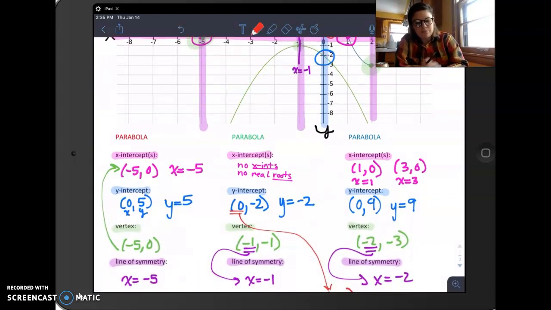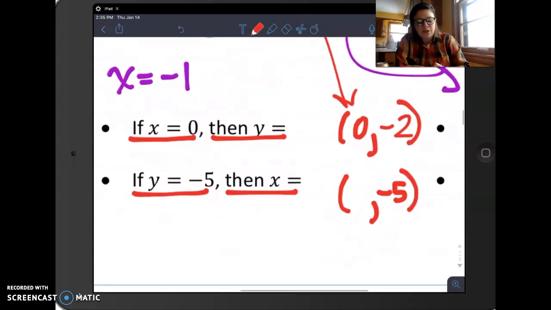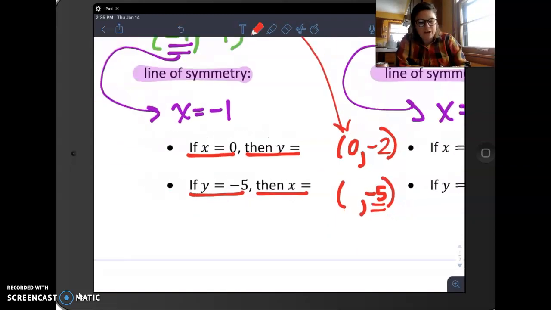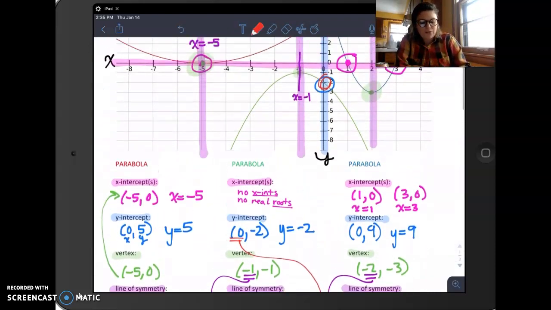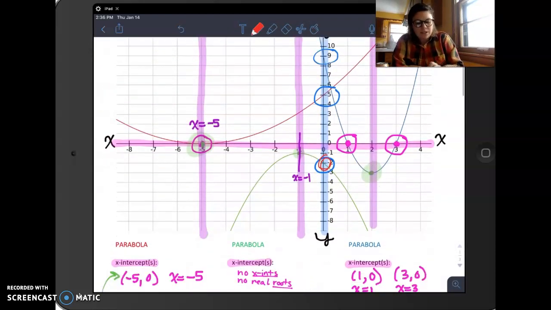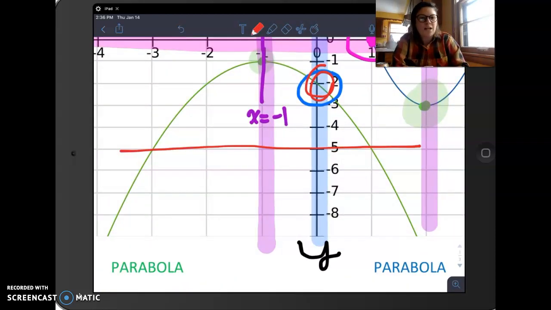I do want to keep this on here just so we can see that. Okay, so same idea here, except it's giving you that y is -5. So we need to find x when y is -5. Well, we can see here, this line right here is where y equals -5.